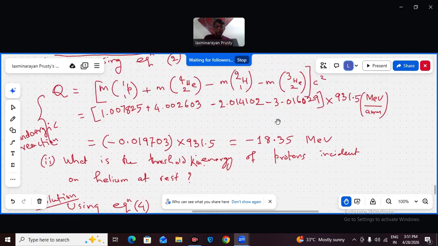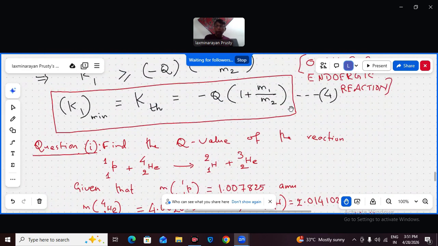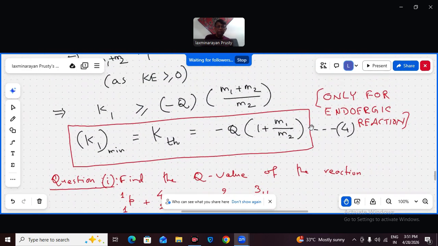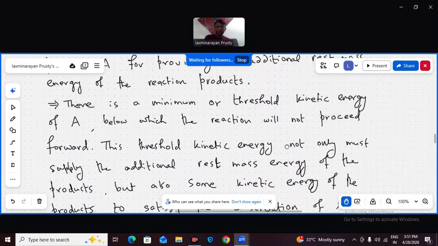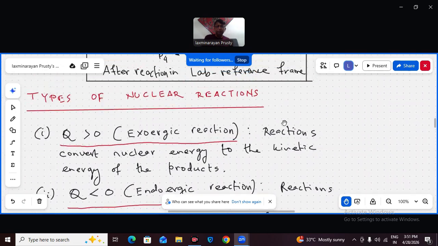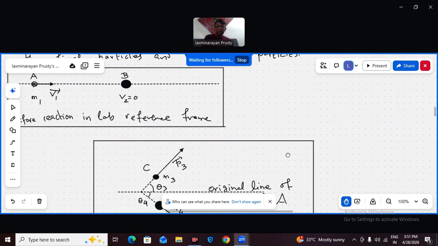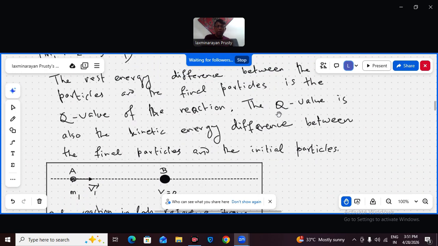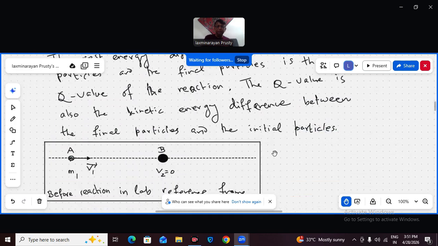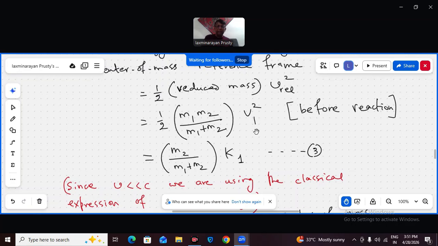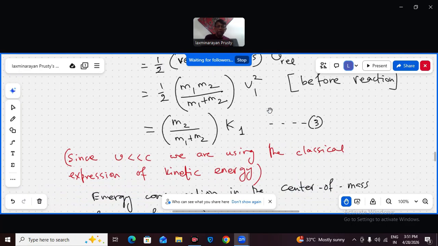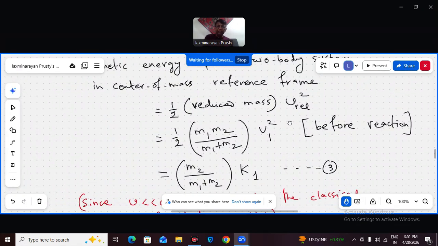So the next thing I am going to discuss, as I told you, is the Q equation and its application. That is very important for us. A lot of things, some mechanics will also be clear there, and here also there is a mechanics point: what is the kinetic energy with respect to the center of mass for a two-body system?